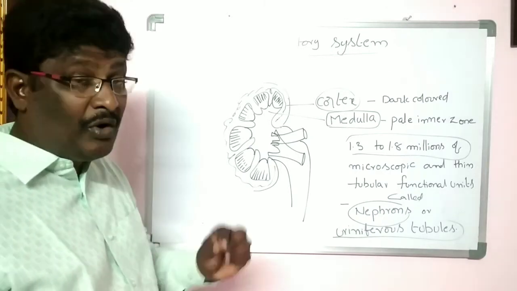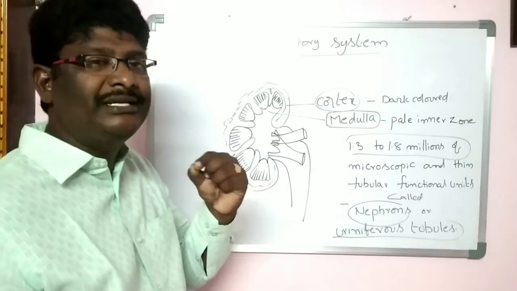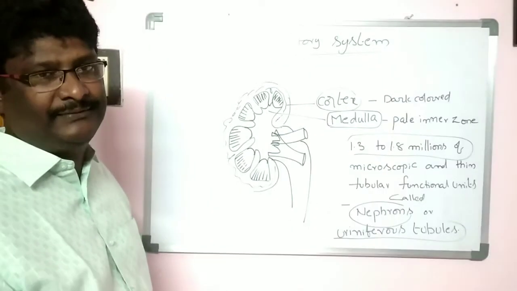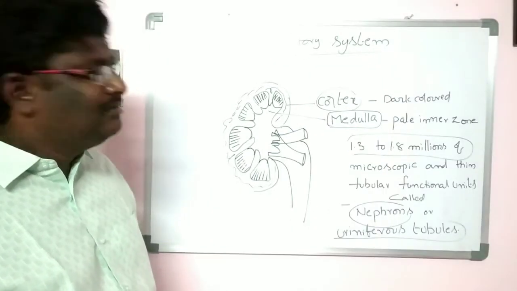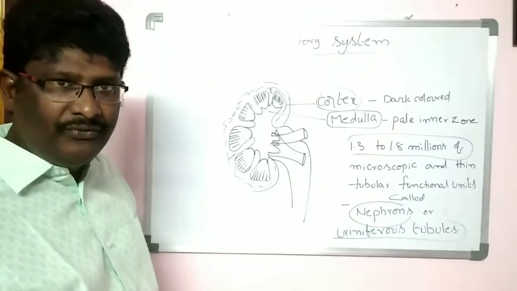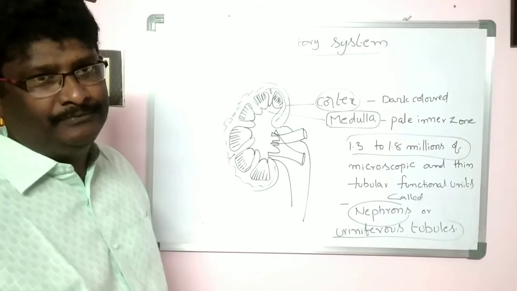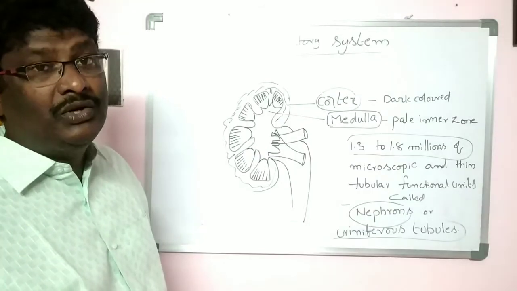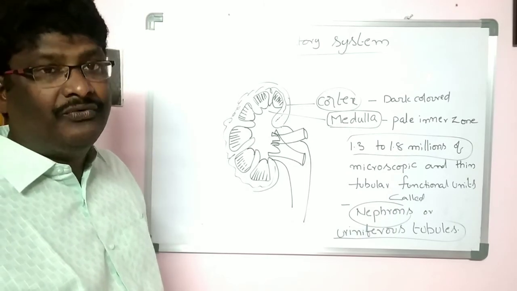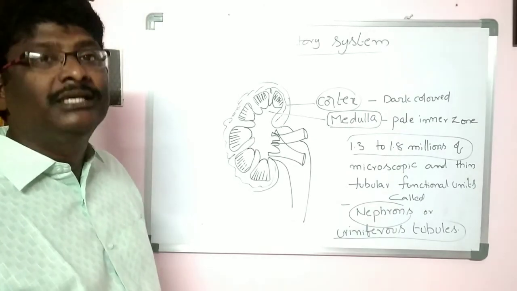So this is the simple internal structure of the kidney. Now we are going to discuss the structure of the nephron.